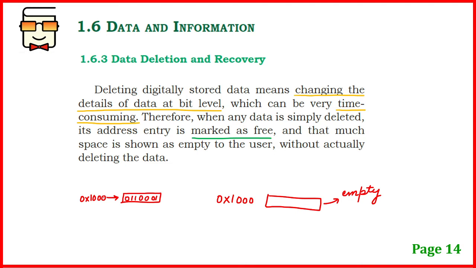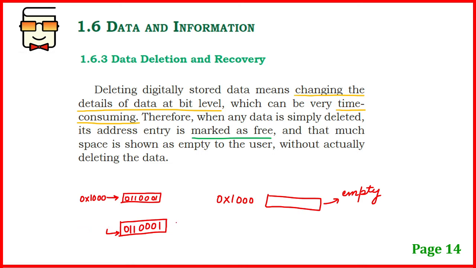But changing the contents of the memory at the bit level is time consuming, and it also requires more effort compared to something that we call flagging. So what is flagging? Basically, when a memory location is occupied, that means it is filled with data, a flag is set which denotes that this memory location is occupied, it is not free.